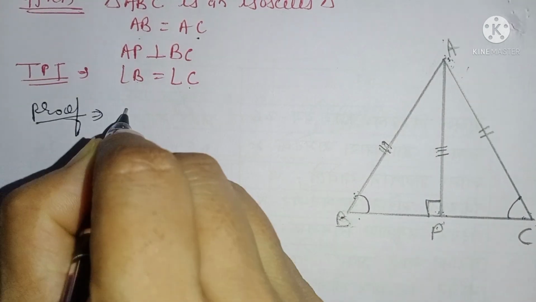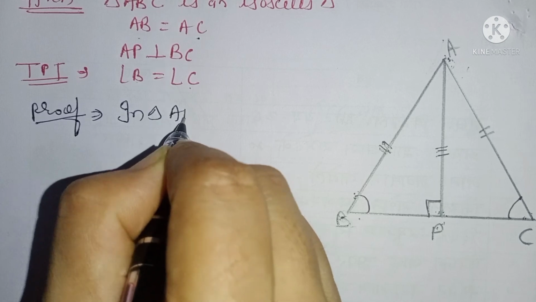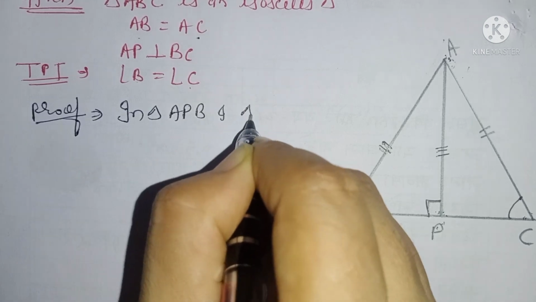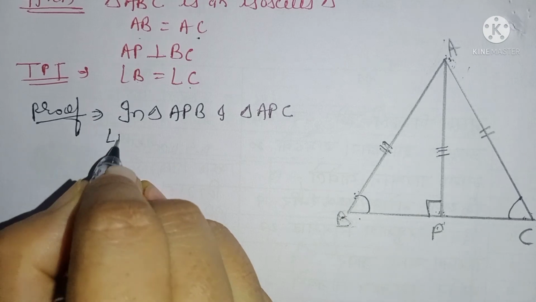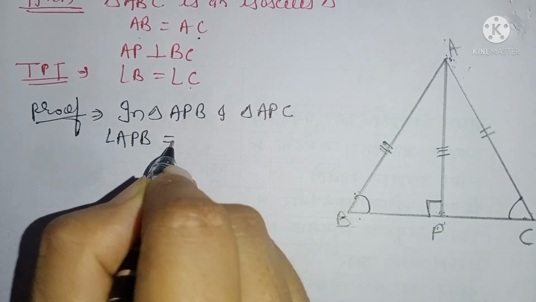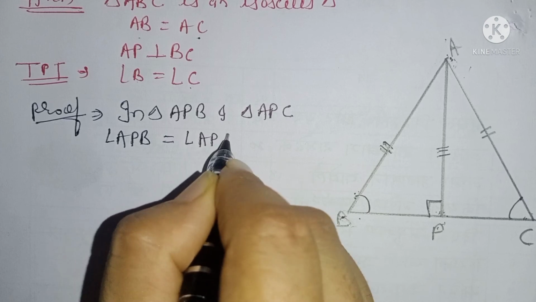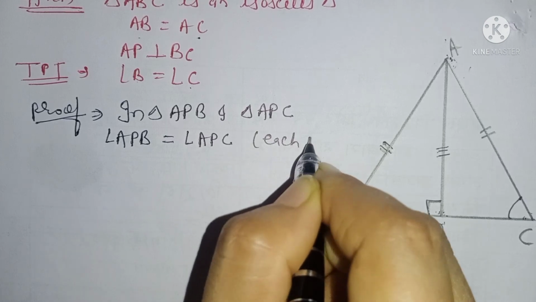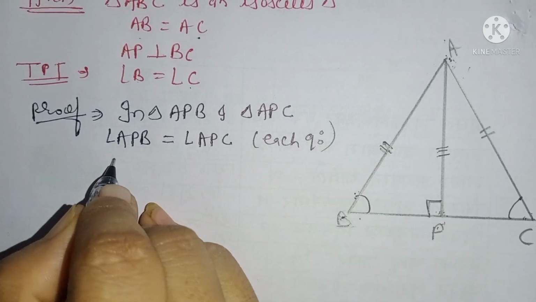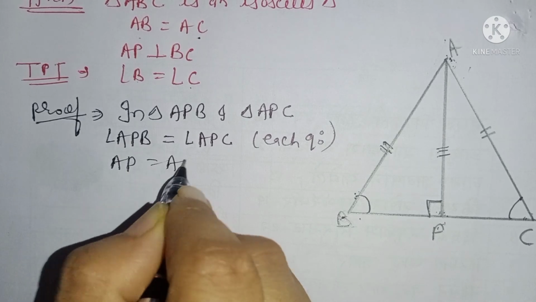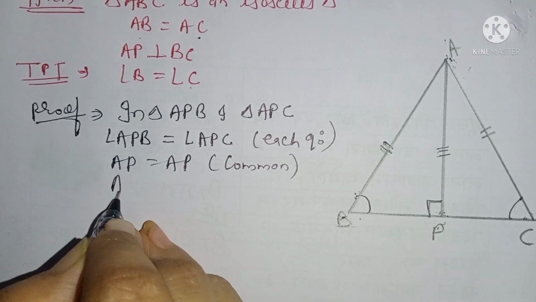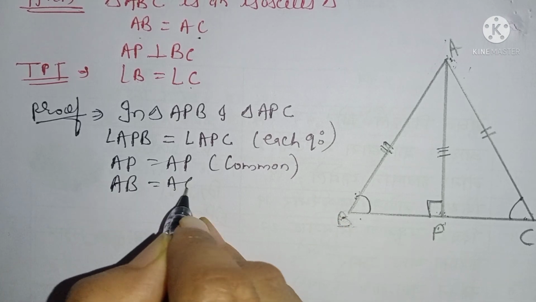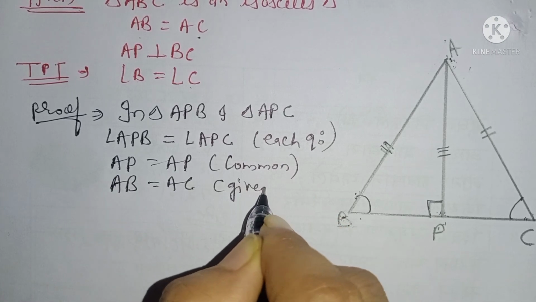So let's prove the triangle. In triangle APB and in triangle APC, we have angle APB is equal to angle APC. It's each 90 degree. Then we have AP is equal to AP, which is common side, and hypotenuse AB is equal to AC, it is given.